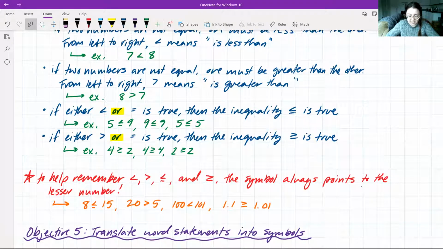When we see 8 is less than or equal to 15, our symbol has its sharp point at the end with the smaller number. Then we say 20 is less than 5, and our symbol is pointing to 5. 100 is less than 101, and our symbol is pointing to 100. And we have 1.1 is greater than or equal to 1.01, and our symbol is pointing towards 1.01.